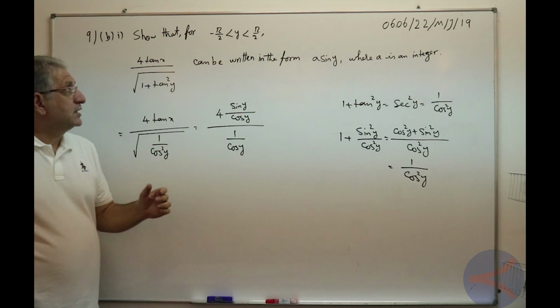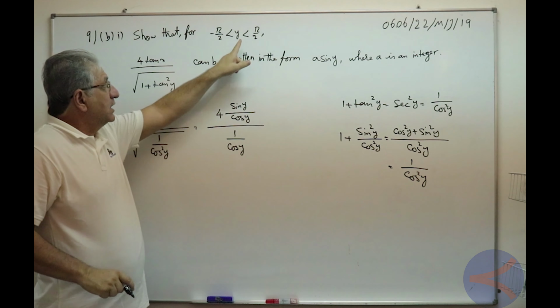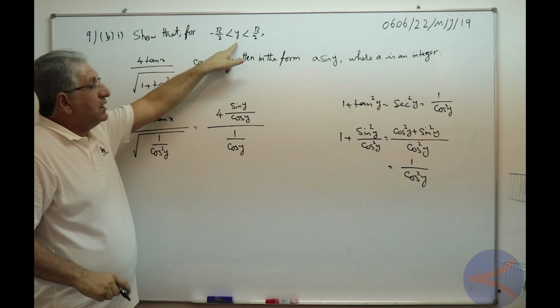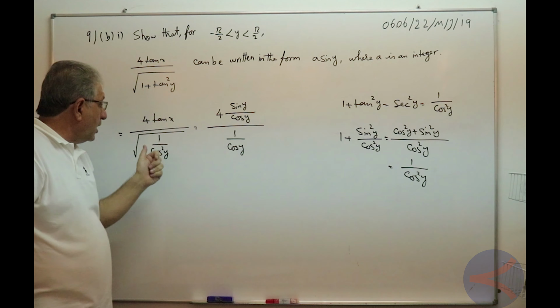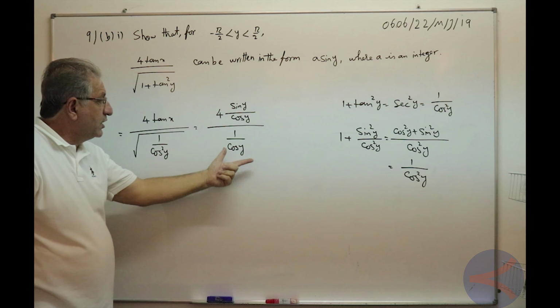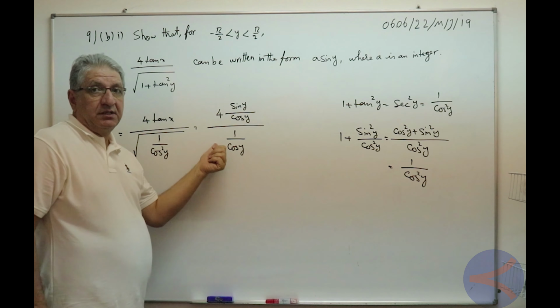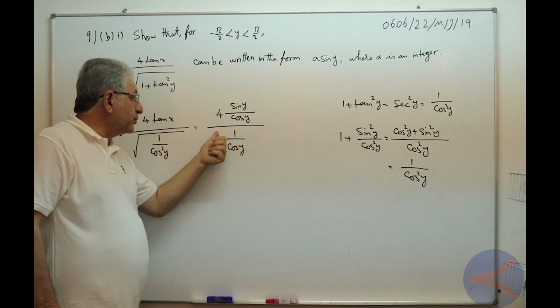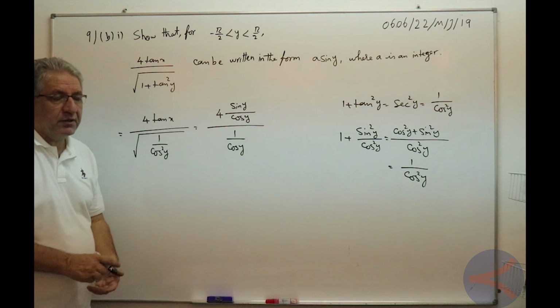Some of you may wonder why this range has been given to us. This range shows that y is in the first quadrant and fourth quadrant, so cos y is positive. Therefore the answer is this, not the negative of this. So you don't need to put plus or minus, because we know that cos y is positive.